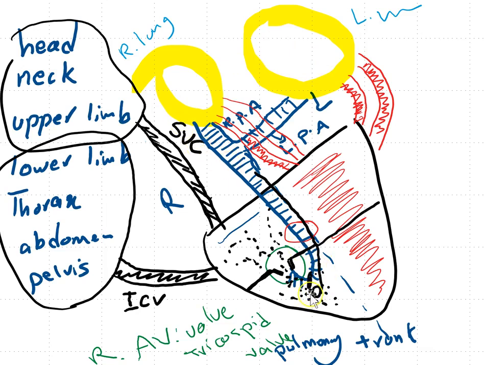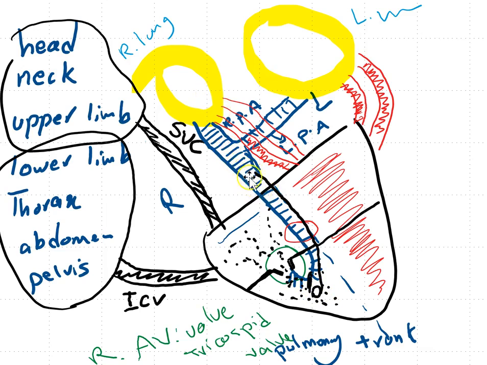This vessel is going away from the heart, so we name it an artery. It is an artery that carries deoxygenated blood, and we call it the pulmonary trunk. It comes from the right ventricle and goes to the lungs, carrying deoxygenated blood.